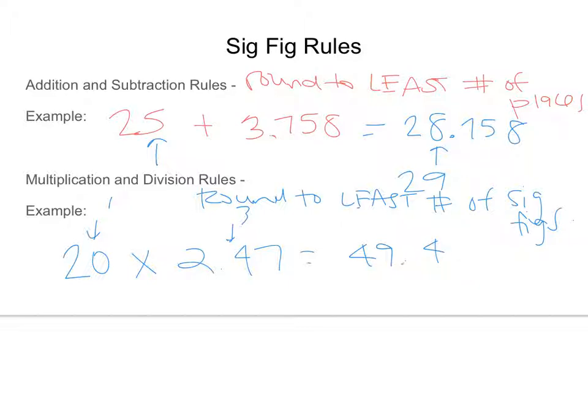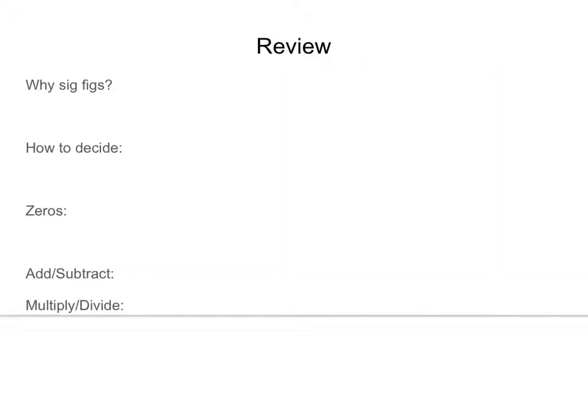But since we only have one significant figure, I'm going to round that to 50. Okay? You have to pay attention to these rules. Throughout the year, it's really important for you to pay attention to significant figures, okay? We're going to have some quizzes, we're going to have some tests where I'm going to be looking to see whether your significant figures are accurate or not, okay?